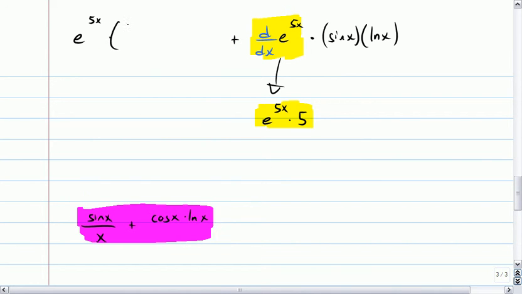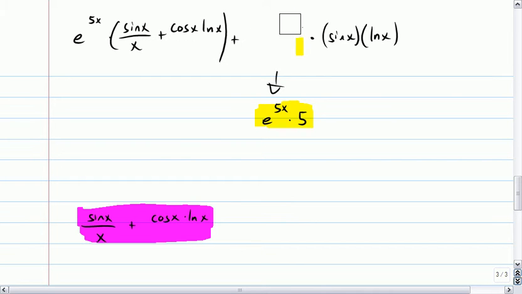Sine x over x plus cosine x ln x. And then the yellow gets plugged in, and that was e to the 5x times 5. How are we supposed to know that the derivative of e to the 5x is that yellow? Well, you got two functions.